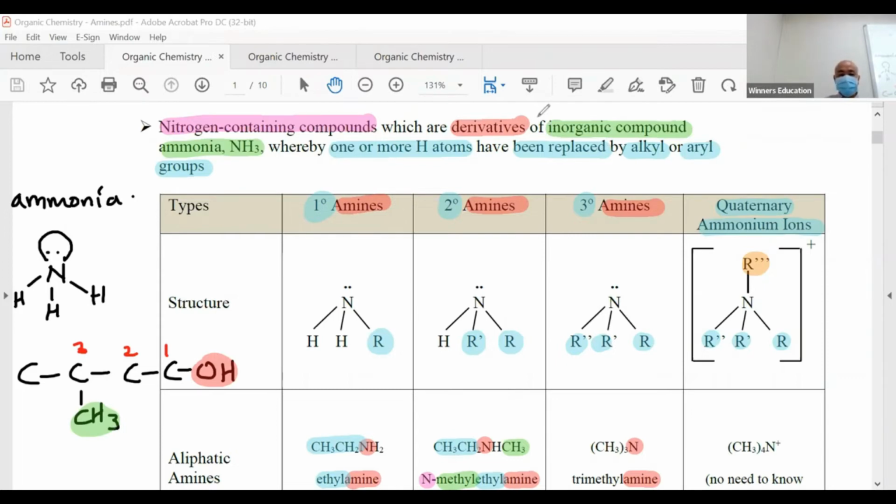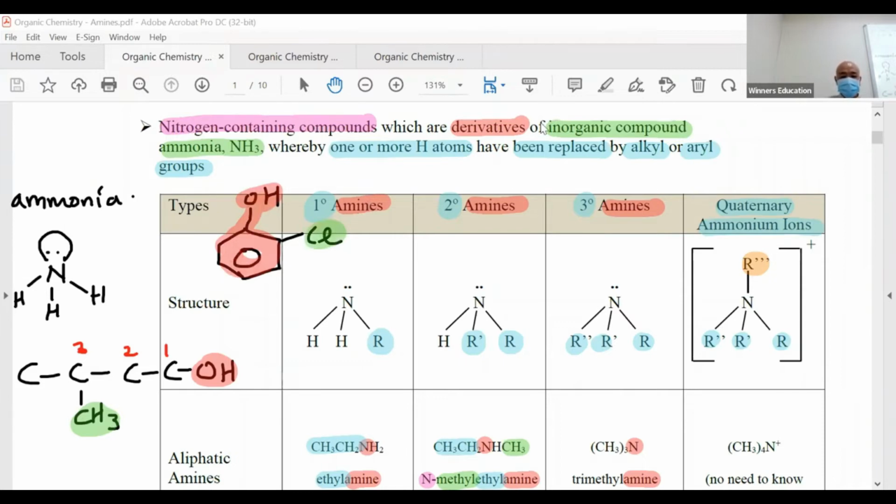Now, same thing if you have a cyclic, right? Up to you. Maybe you do aromatic. Again, this is phenol. Let me draw it properly. This is phenol. And sometimes the phenol has a substituent, right? Then we say, okay, the main functional group still is called phenol, and then this becomes a substituent.